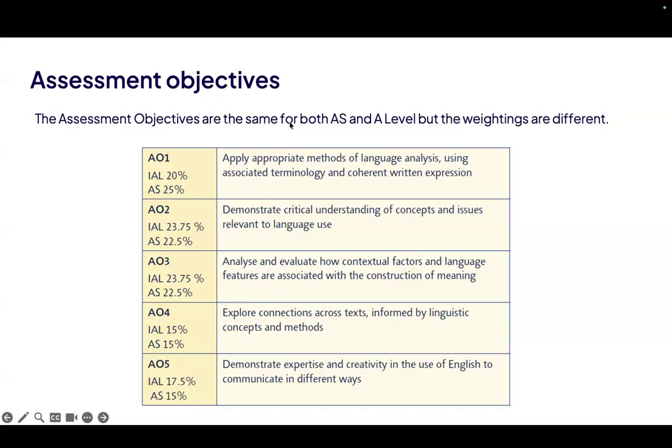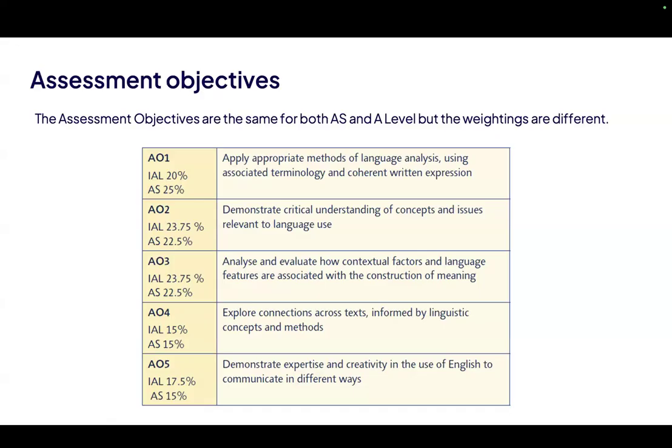So looking at just a couple maybe. Assessment objective one, we'll be looking at all of them in detail as we go through the presentation, but I just want to make a point of saying that assessment objectives are there for a reason and they have to be read and understood very carefully. So for example, AO1 is apply appropriate methods of language analysis. So it's an analysis assessment objective.